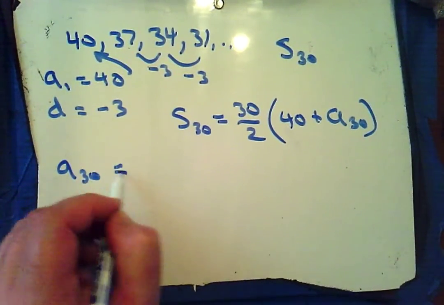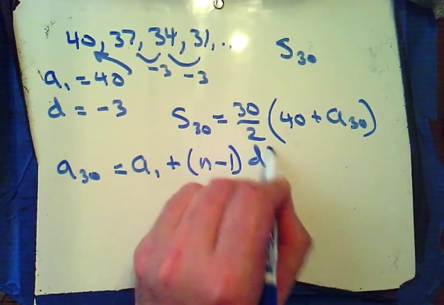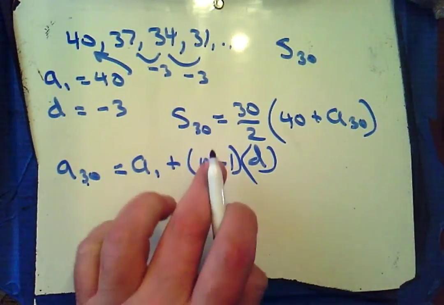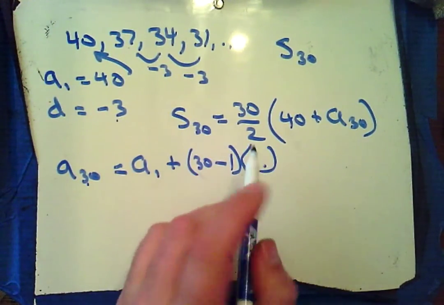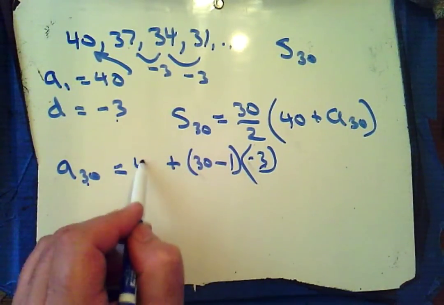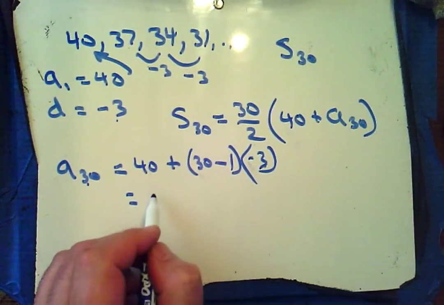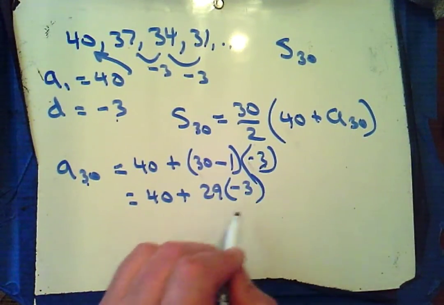A sub 30 equals a sub 1 plus n minus 1 times d when n equals 30. We know that d is negative 3, and we know that a sub 1 is 40. So I get 40 plus 29 times negative 3.